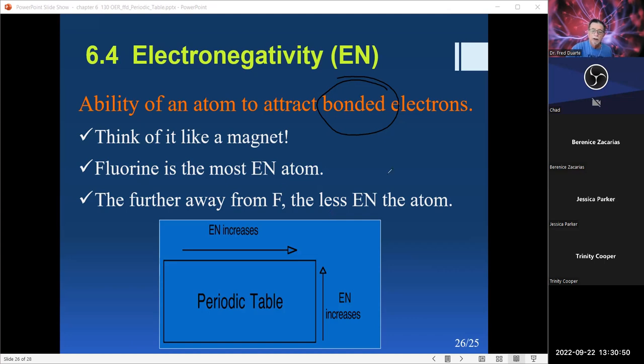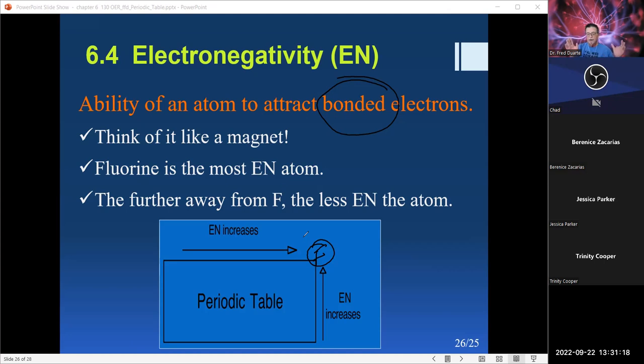Now, fluorine, of all the elements that we have, is the most electronegative element. So whenever you see fluorine bonded to something, the answer to the question, in that bond, which direction are electrons being pulled, is toward fluorine.